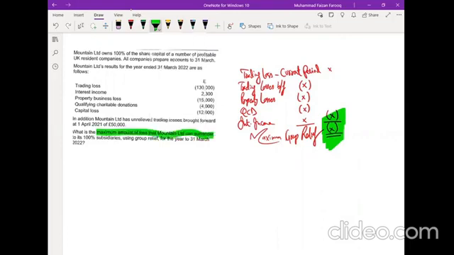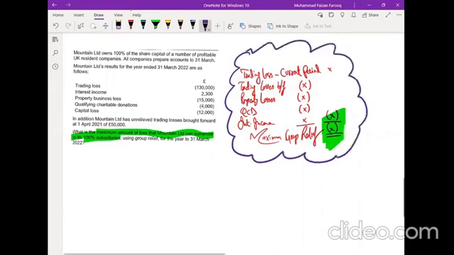In addition, Mountain Limited has unrelieved trading losses brought forward at 1st April 2021 of £50,000. What is the maximum amount of loss that Mountain Ltd can surrender to its 100% subsidiaries using group relief? That is what they ask.